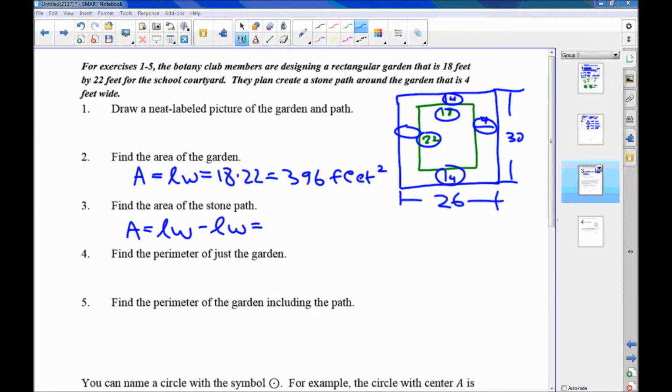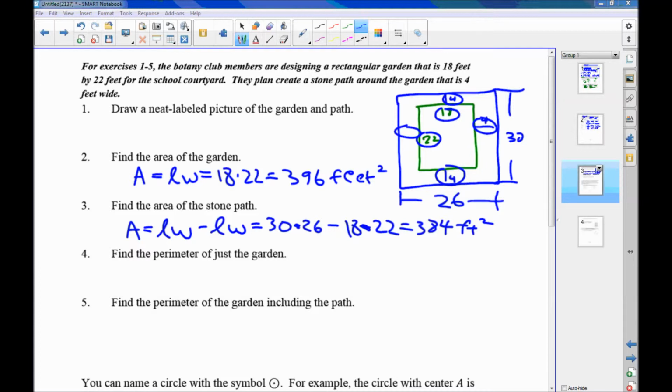And so that means I'm going to do 30 times 26 minus 18 times 22. So I found the whole big thing and then subtracted the garden part out of the inside. And that left me with just the path. So 30 times 26 minus 18 times 22 gives me 384 feet squared. So the path part on the outside, even though it's only 4 feet wide, is almost as much area as the whole garden.